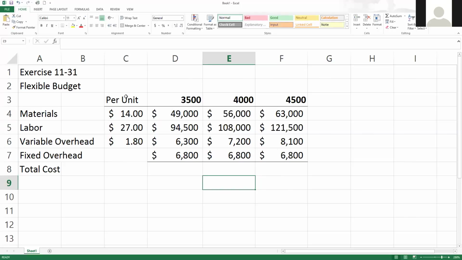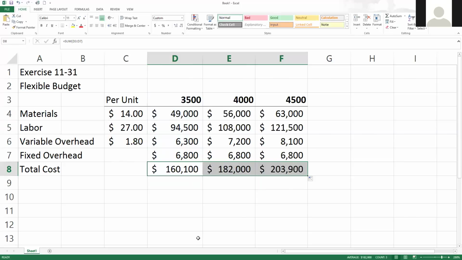So that's why I'm not putting anything in the per unit column, because we can't really say it's a certain amount per unit. It's just $6,800 for that period of time, no matter how many we produce. So then if we total our columns, we now know the total costs. Let's just go ahead and do that.